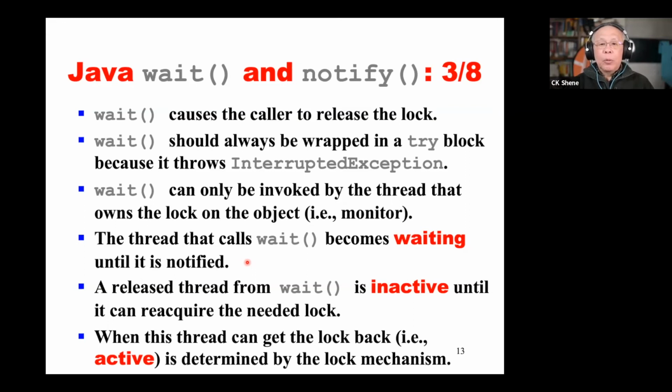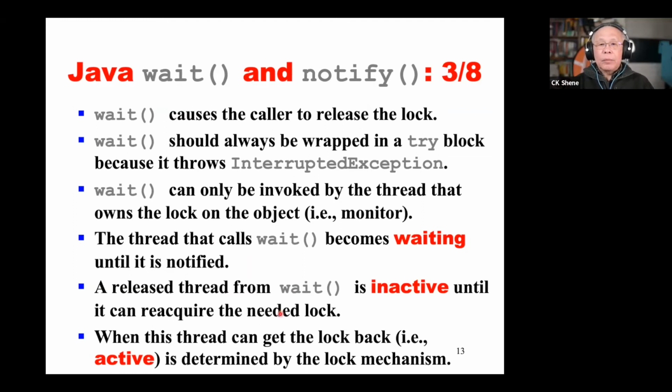But here we do not have a condition variable, and hence we don't know where the caller of wait will wait, but that doesn't matter. A thread released from wait, due to notify or notifyAll, is released from its waiting state, and becomes inactive until it can reacquire the needed lock.